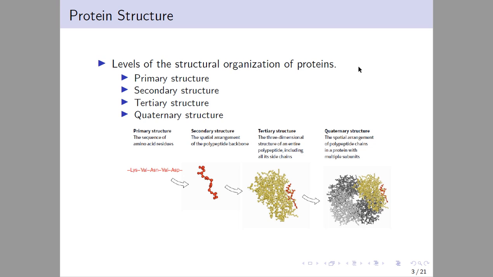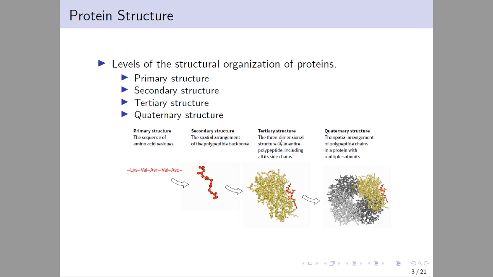These are the primary structure, the sequence of amino acid residues: lysine, valine, adenosine, valine, aspartame, making the bond. Secondary structure: you can see that here is the linear line, but in the real one, we have zigzag, zigzag, depending on the direction.